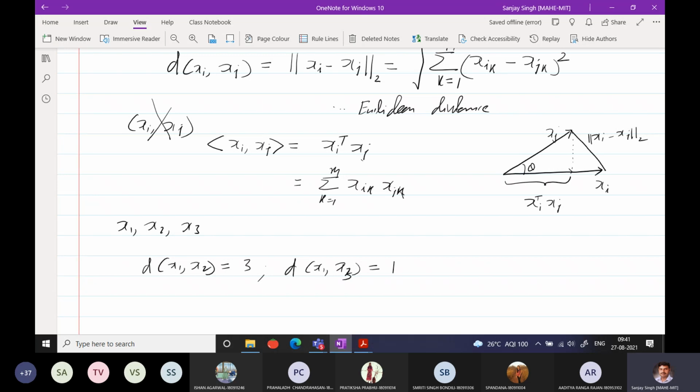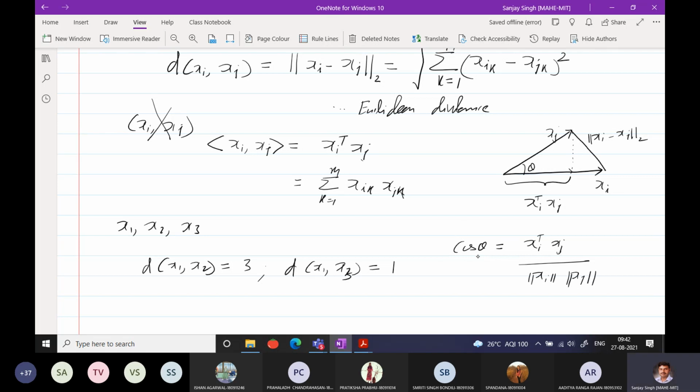Now, in the case of inner product, the thing is quite different. Because of theta, we know that this particular thing, the inner product, is normally written as cos theta equals xi transpose xj over the amplitudes of the individual vectors, right?